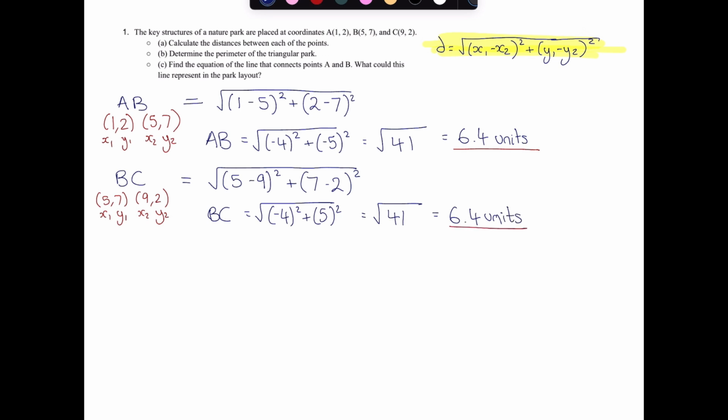Okay. And then the last length that I need to find would be between A and C. So just repeating this process. x1, y1, x2, y2, just so I don't forget when I put into my formula. Remember, showing all your steps of working out helps you not to miss out marks or make any mistakes.